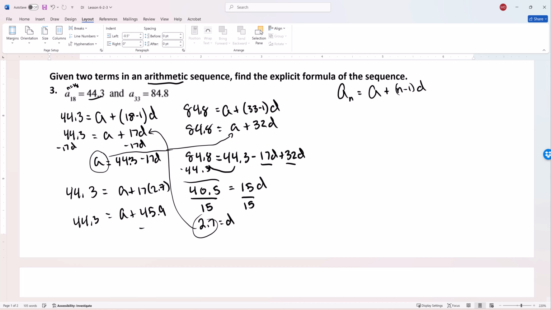And then you subtract the 45.9 on both sides, and then you should get negative 1.6, and that equals your a. So then, writing my formula, a sub n equals my a plus my n minus 1 times my common difference.